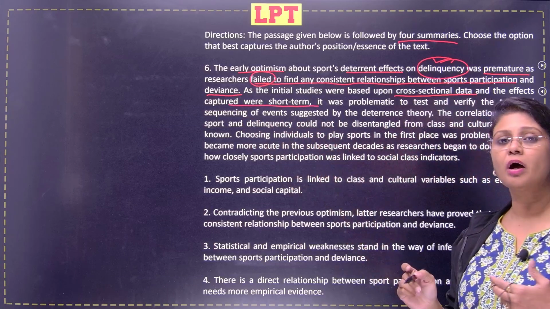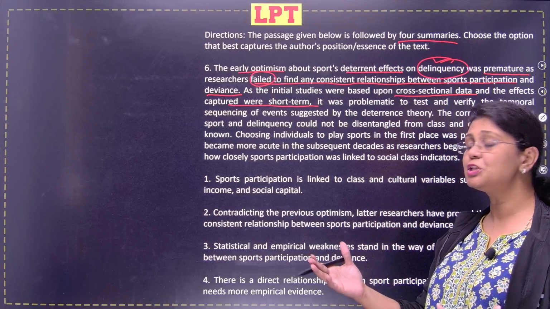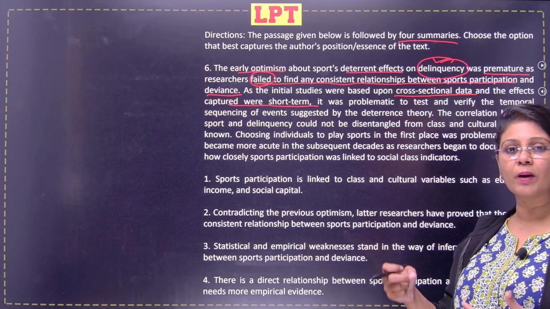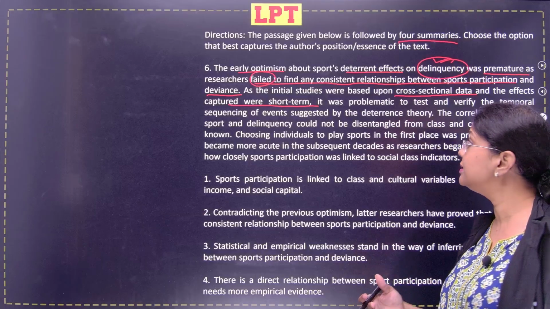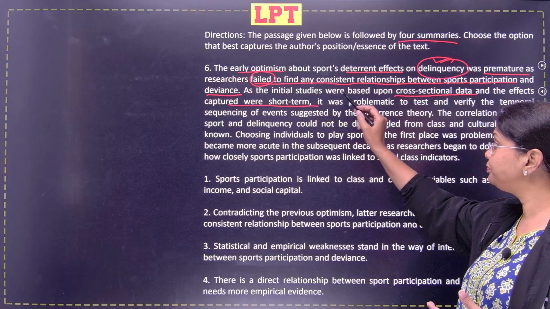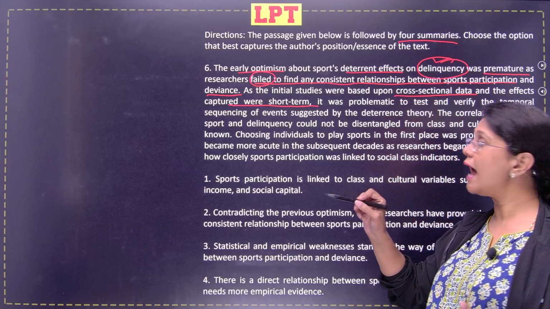So it says the researchers failed to find any consistent relationship between sports participation and deviance, as the initial studies were based upon cross-sectional data and the effects captured were short-term. Okay, we are talking about the negative side of it. There was research being done with respect to sport's deterrent effects on delinquency, and it was premature.